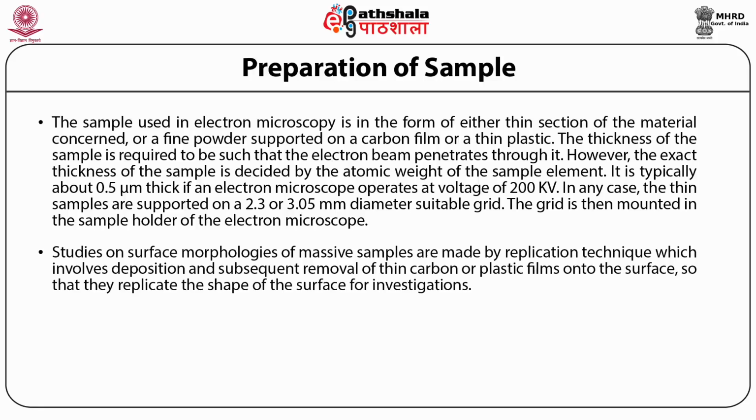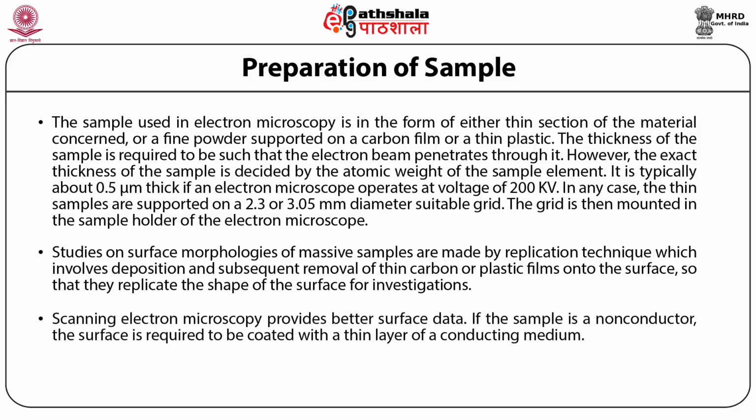Studies on surface morphologies of massive samples are made by replication technique, which involves deposition and subsequent removal of thin carbon or plastic films onto the surface so that they replicate the shape of the surface for investigations. Scanning electron microscopy provides better surface data.